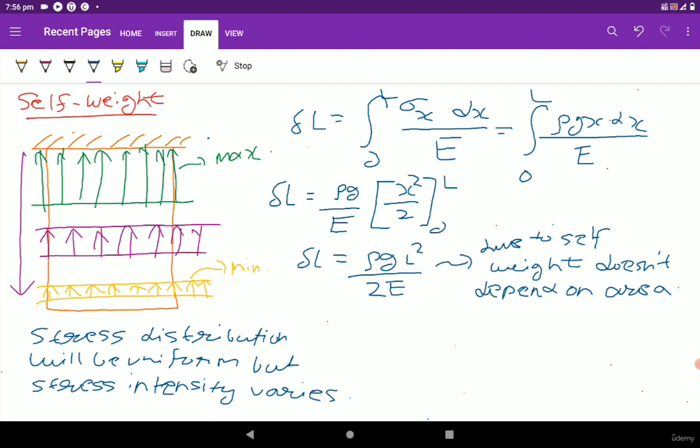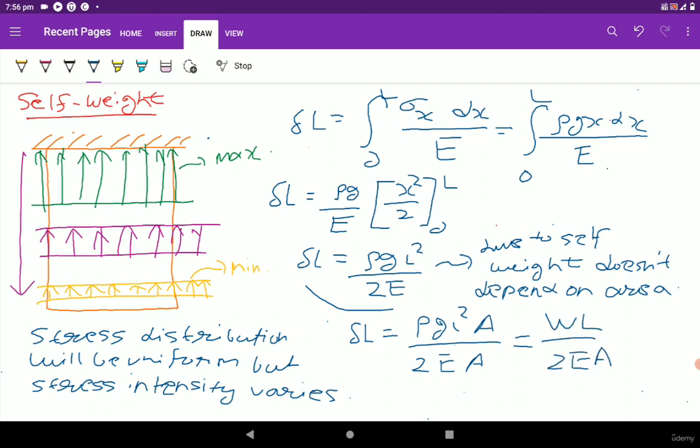We can further simplify this equation by multiplying and dividing by area, that is rho g L square A upon 2EA. After further simplifying, we can write it as WL upon 2EA. In this condition also, delta L is not a function of area.